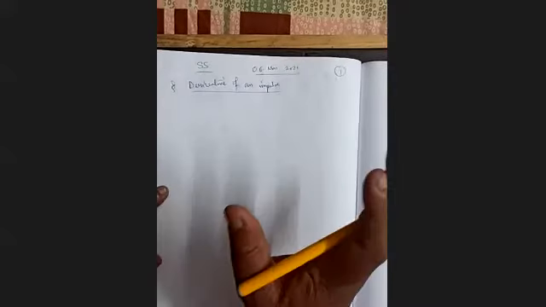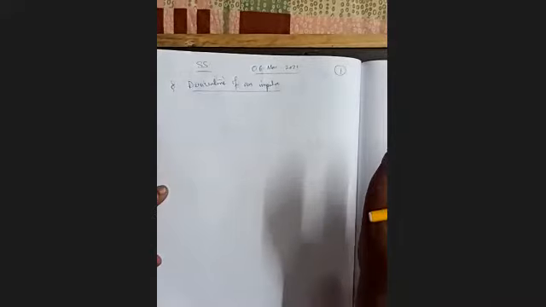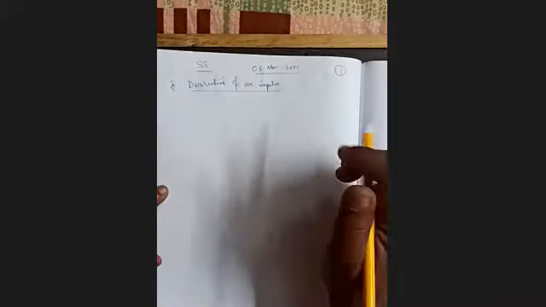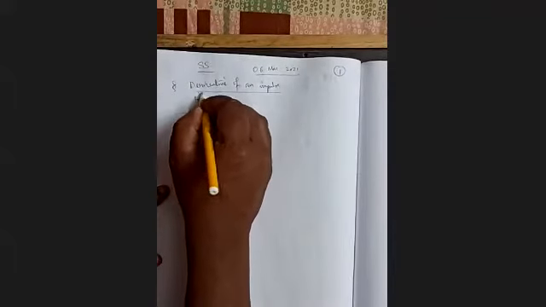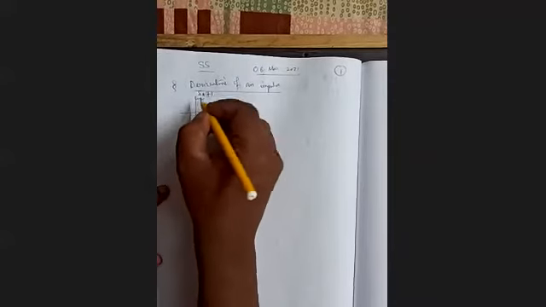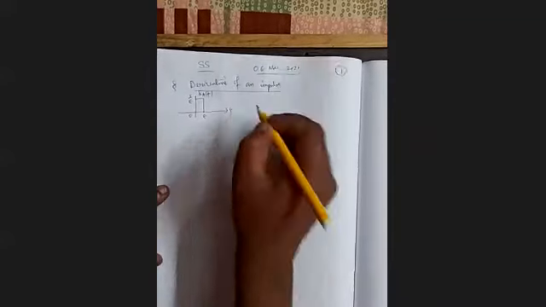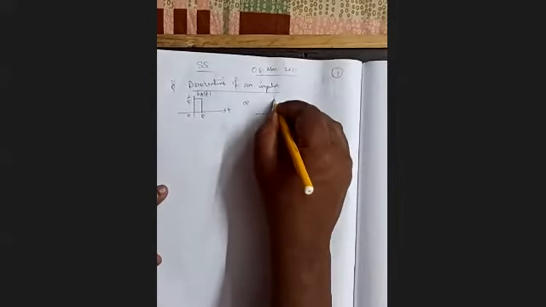Note that the approximate version of the impulse function can be anything. One example I already gave you: delta AT means the approximate version. It is 1 by epsilon. This way we can write, or we can write this way.